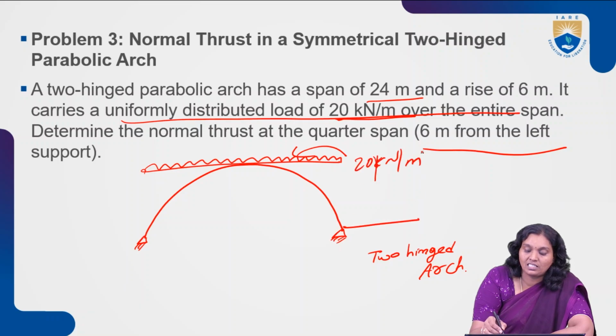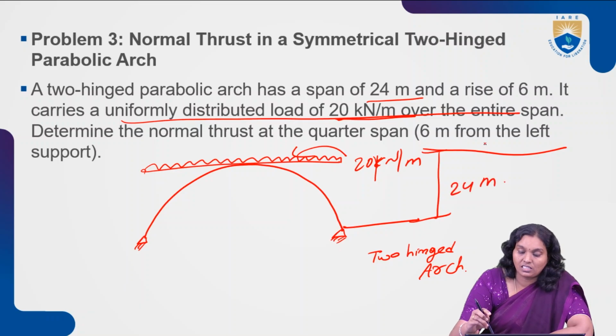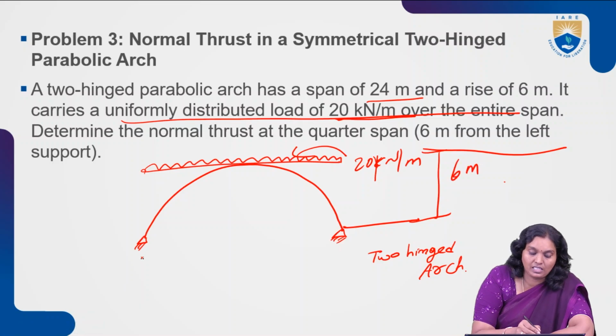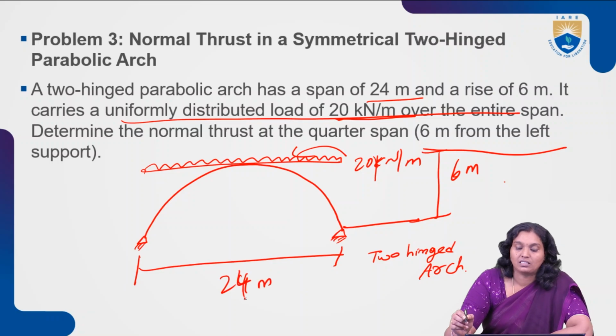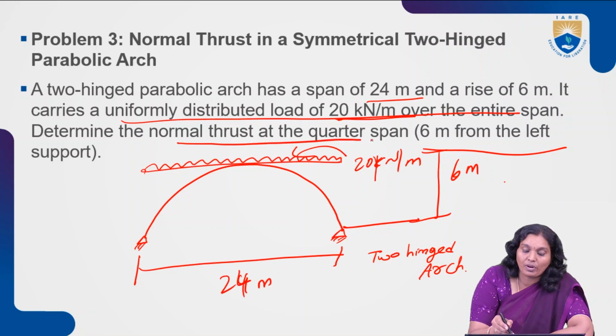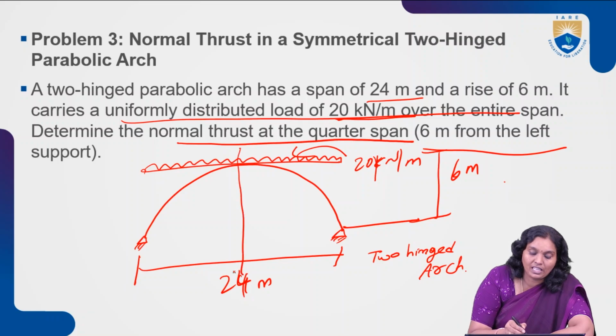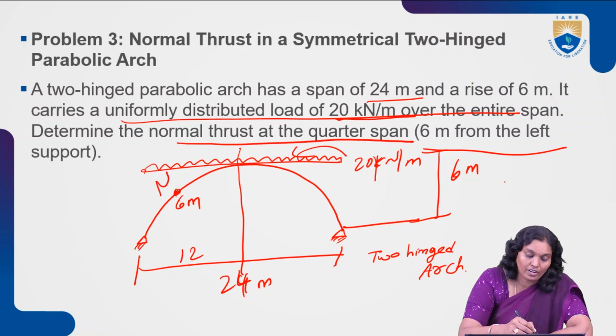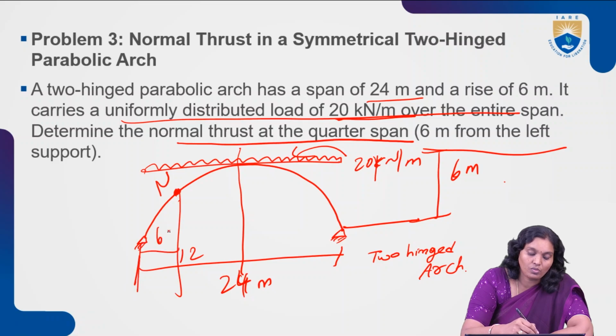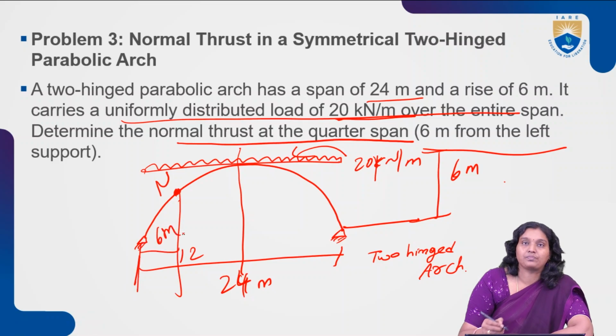The span of the arch is equal to 24 meters. Determine the normal thrust at the quarter span. So the middle is 12. From here they are asking for the normal thrust, so from here to here is equal to 6 meters.